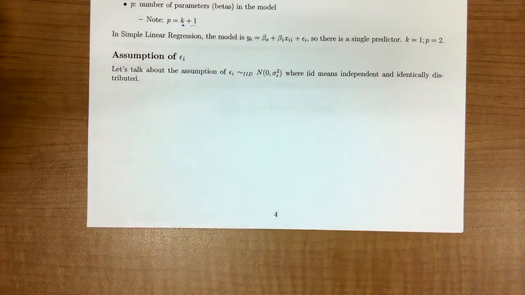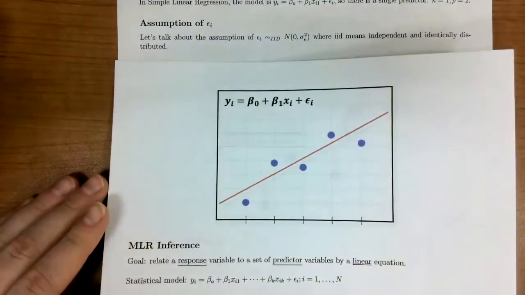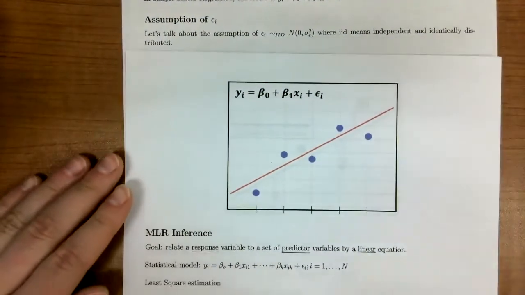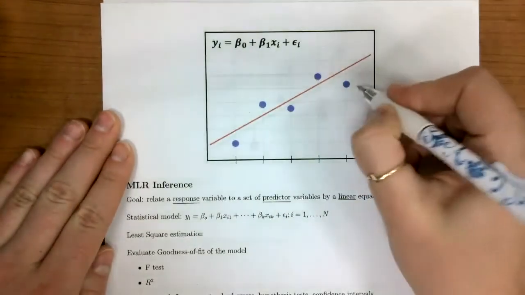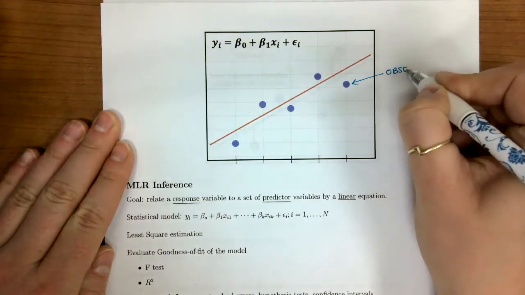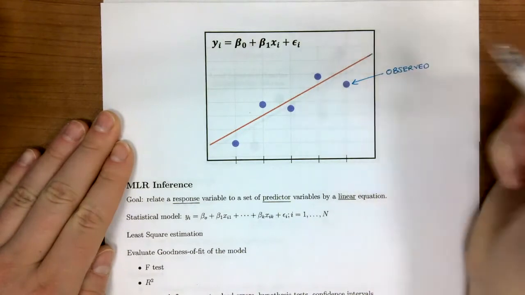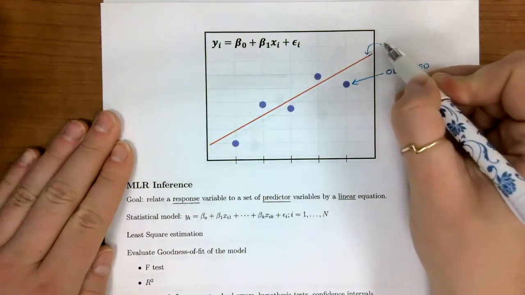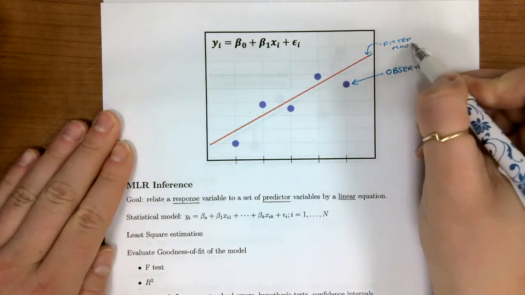Okay, to help us get a better idea of what's going on, I drew this picture, and it's in terms of a simple linear regression model. We assume our blue dots are what we observe. And then we fit a model. So this is our fitted model or a population model.